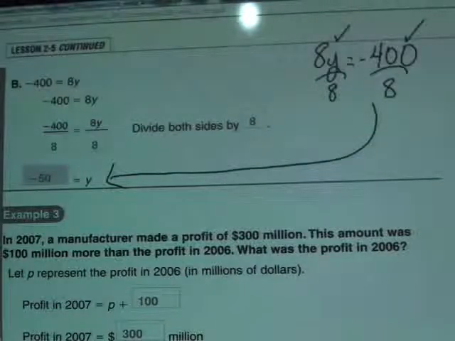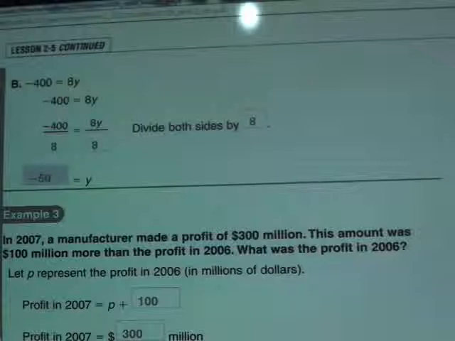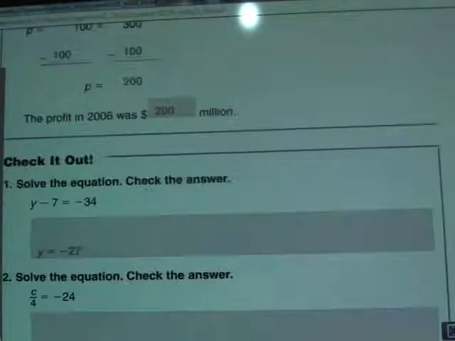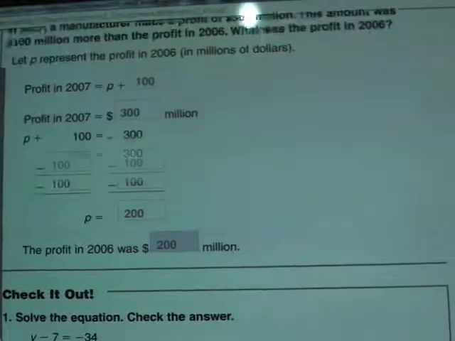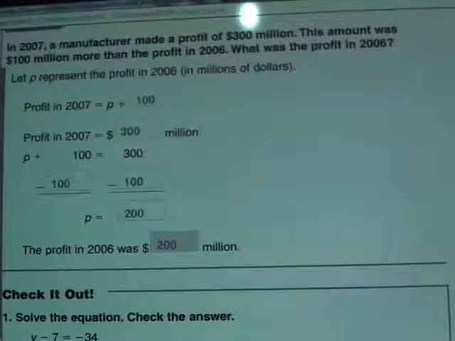All right, let's take a look at the story problem here, the last question before they check it out. Number 3, in 2007, a manufacturer made a profit of $300 million. This amount was $100 million more than the profit in 2006. What was the profit in 2006? So they've decided to let P represent the profit in 2006.